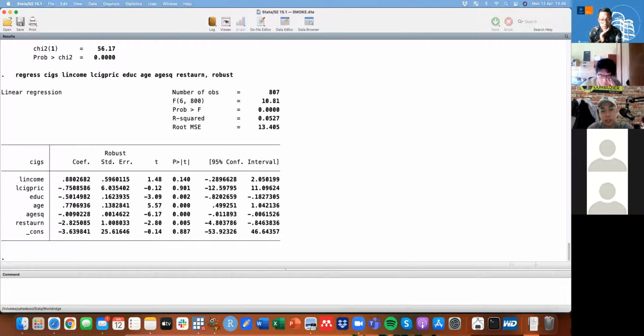It's very simple, very straightforward, and there's almost no penalty of using it as long as you have a relatively large sample.